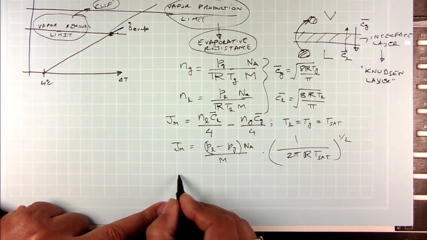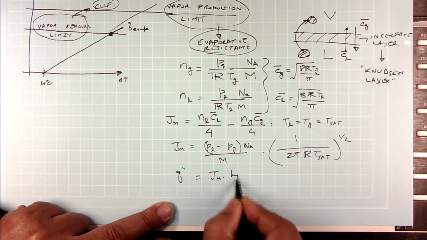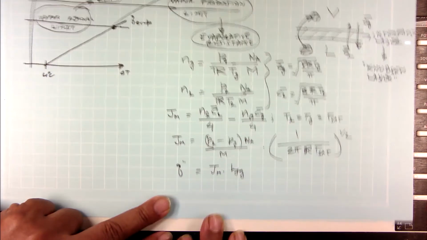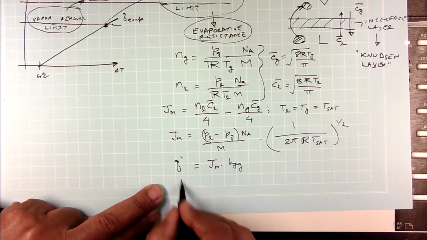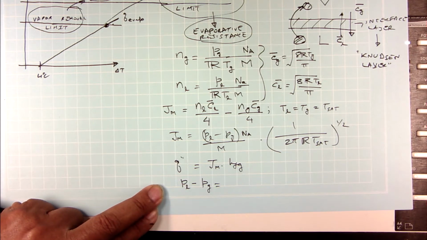And then my heat flux is nothing but Jm times HFG. Then I am going to make another assumption. I am going to use the Clausius-Clapeyron equation, which tells you that PL minus Pg.